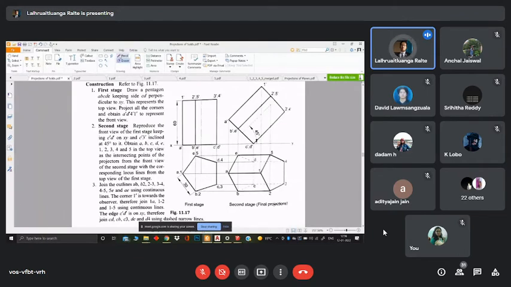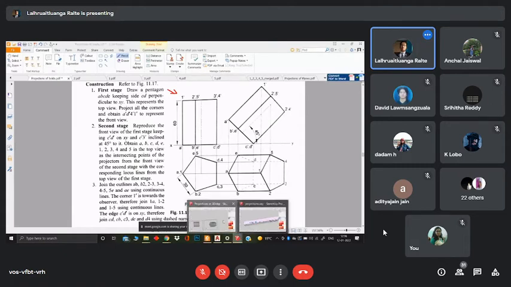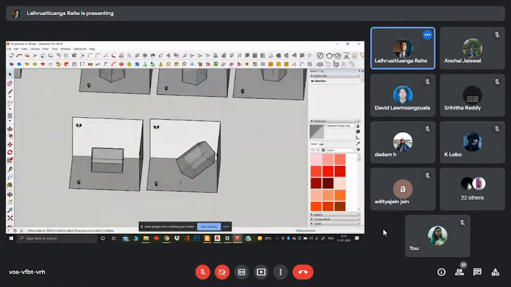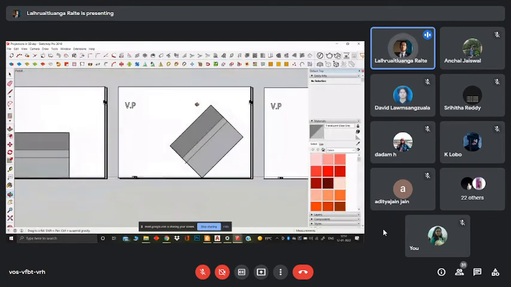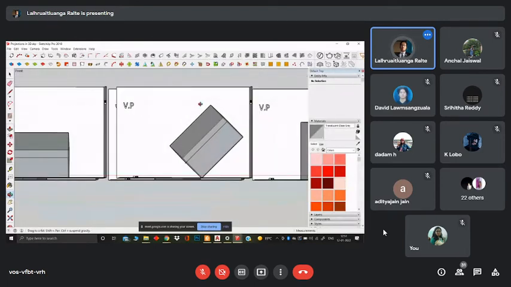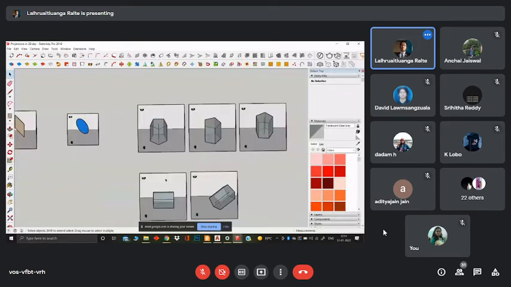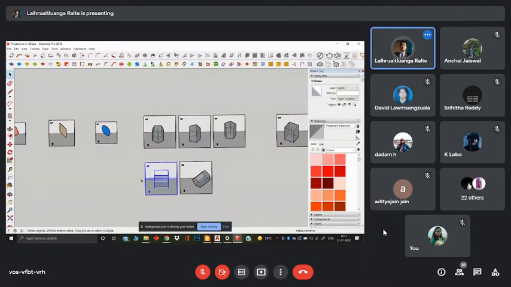The front profile is going to remain the same even if we rotate it. All right, I'll explain that from here again. Remember, this is our front view, and let this be gone for now.